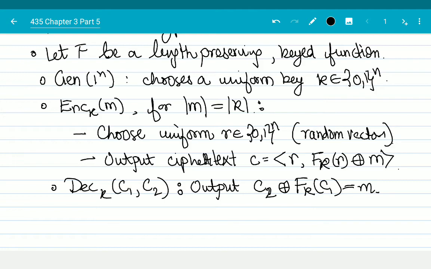Correctness is immediate, because what is c2? c2 is F_k(r) XOR m. I am XORing it again with F_k(c1), and c1 is just r in my ciphertext. So I'm basically XORing twice, and so correctness is immediate.